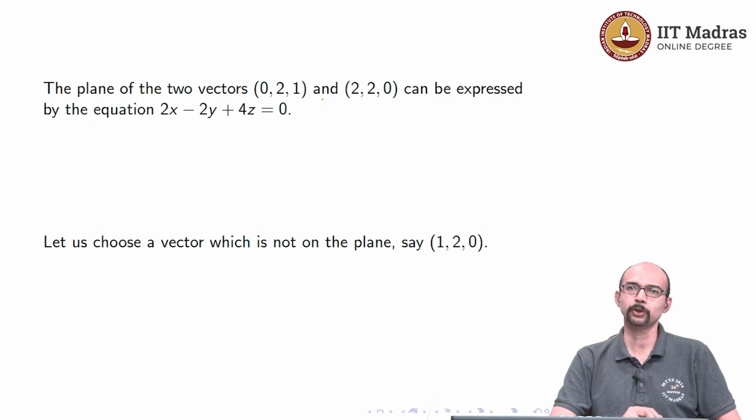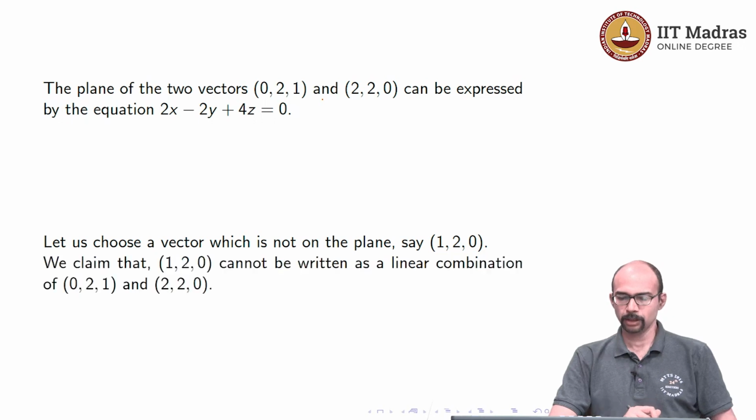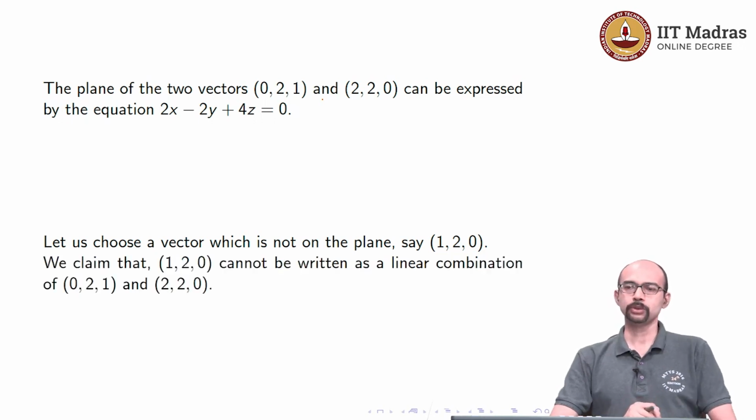How do I check 1, 2, 0 is not on the plane? I plug these values into the equation of the plane and get that it is not 0. So 2 times 1 minus 2 times 2 plus 4 times 0 is not equal to 0. Okay, so that's why it's not on the plane. So we claim then that 1, 2, 0 cannot be written as a linear combination of 0, 2, 1 and 2, 2, 0.